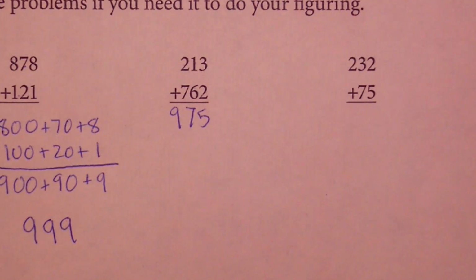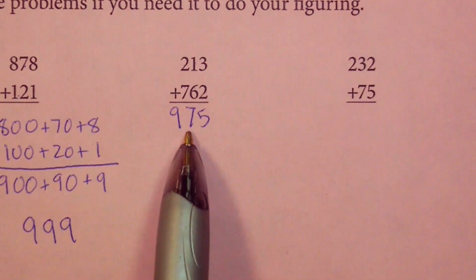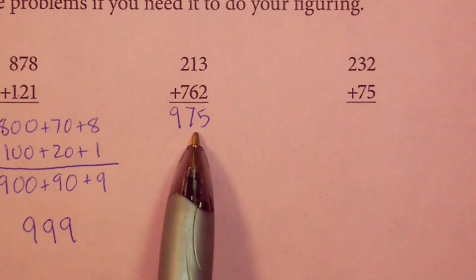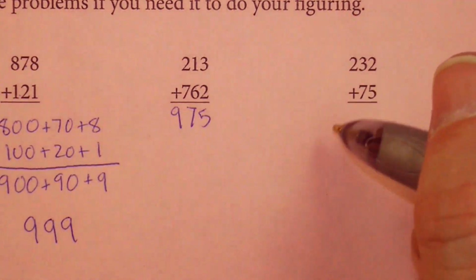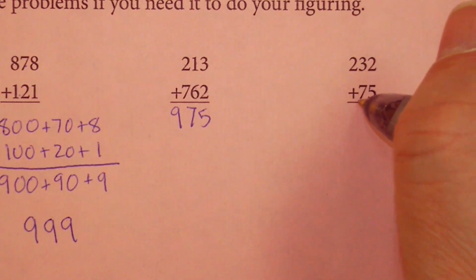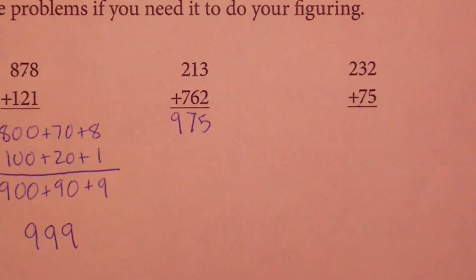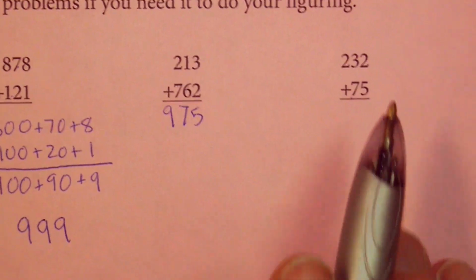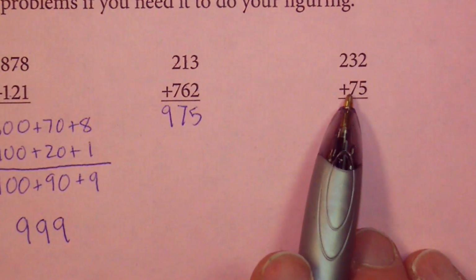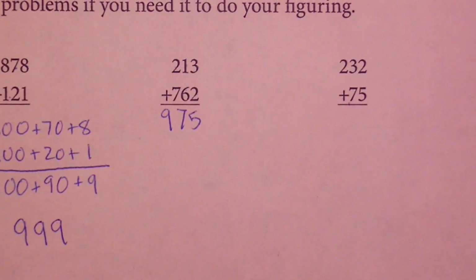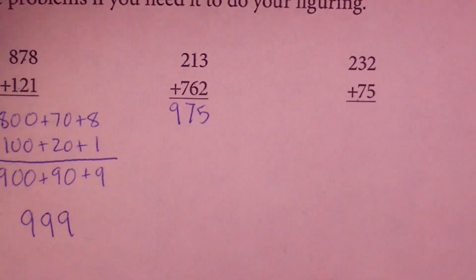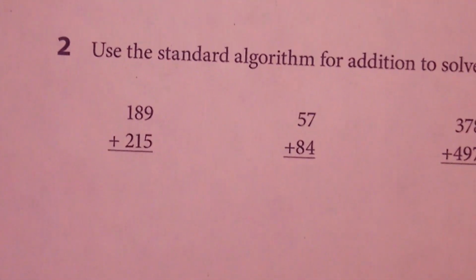And then you add down, right? That one worked out really well. Didn't have to carry. That's okay. I would recommend you use the standard algorithm for this last one, which you're going to do on your own. As you do it, you'll notice that you are going to have to carry a 1 with one of those digits, okay? Pause this video and work on that question.